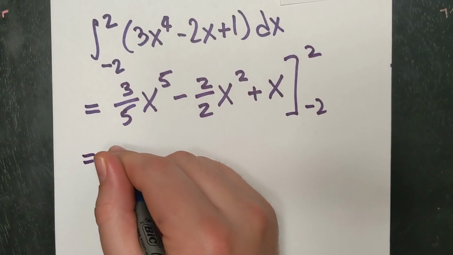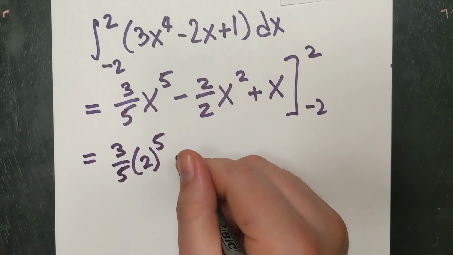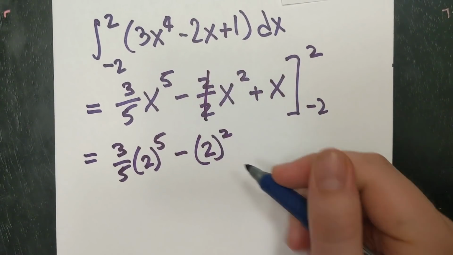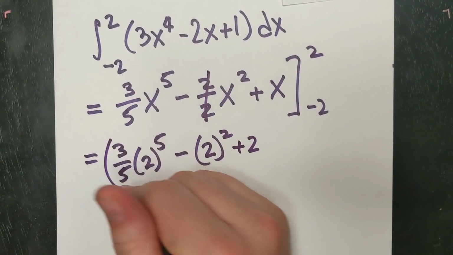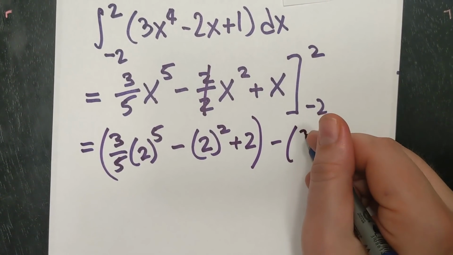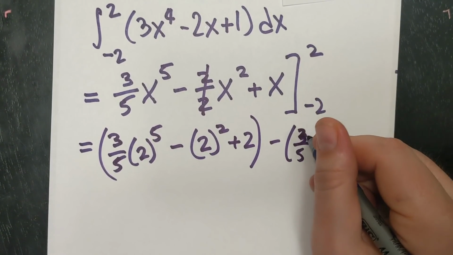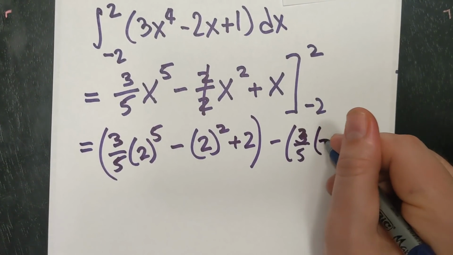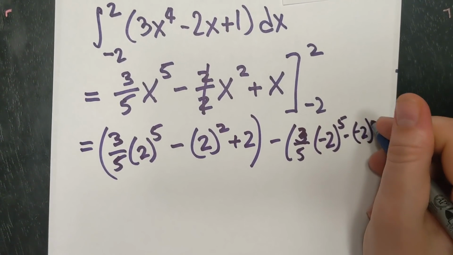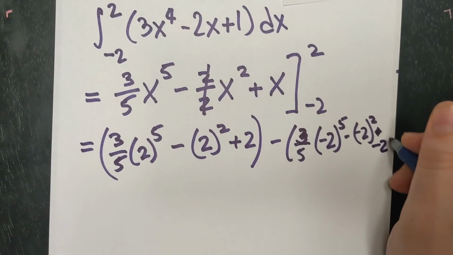So it's going to be 3/5 of 2 to the 5th minus 2 squared, because this is just a 1, plus 2, that whole thing, minus 3/5 of minus 2 to the 5th minus 2 squared plus minus 2.